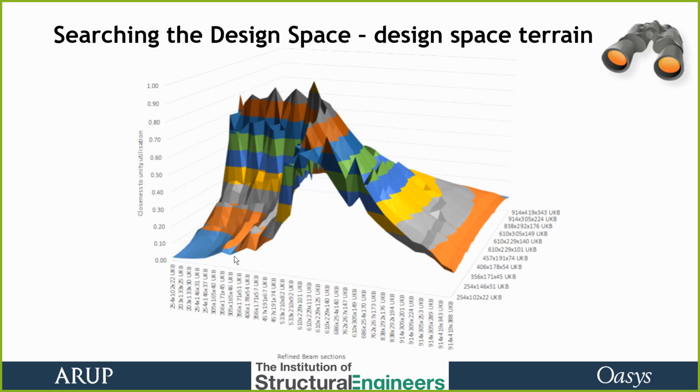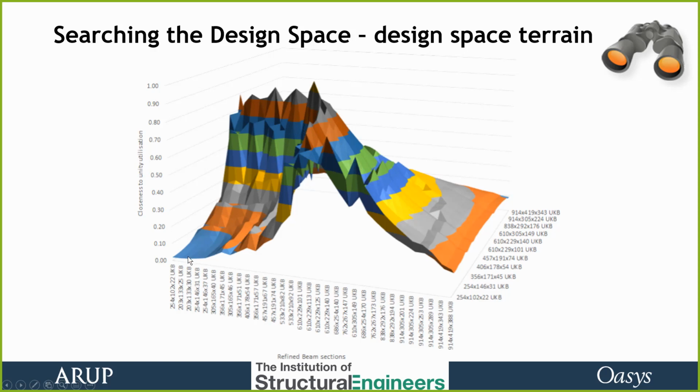So for the design space, I wanted to be able to plot it, and in this case, I've plotted basically the optimization of the pair of sections. In this case, well, rather how close they are to optimum. And so you see there are not just some peaks, there are the symmetrical sections in the middle. We have this sort of ridge, and there's a slope with a few other minor peaks and so on.